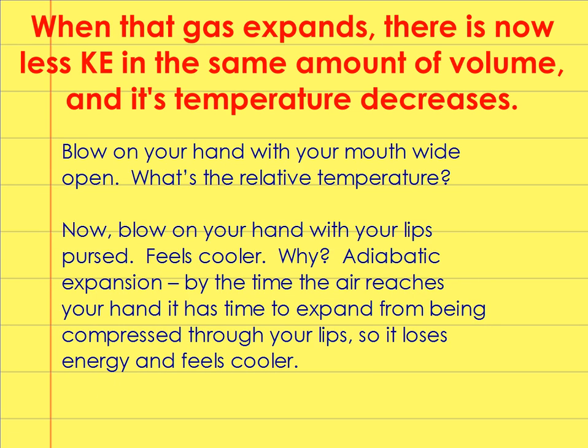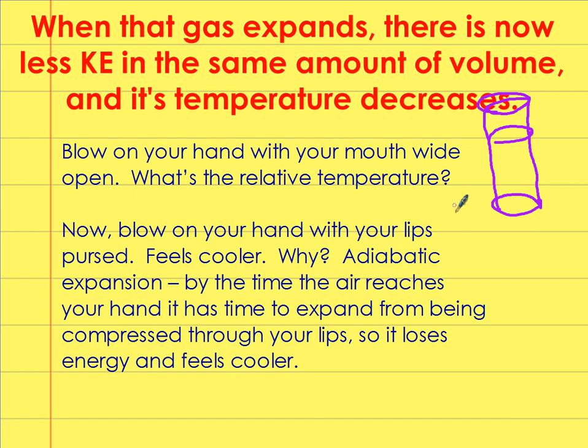Now, think about something. When I have a tube or cylinder filled with a gas, as the gas expands, as it takes up more space, there's less kinetic energy, so the temperature decreases.